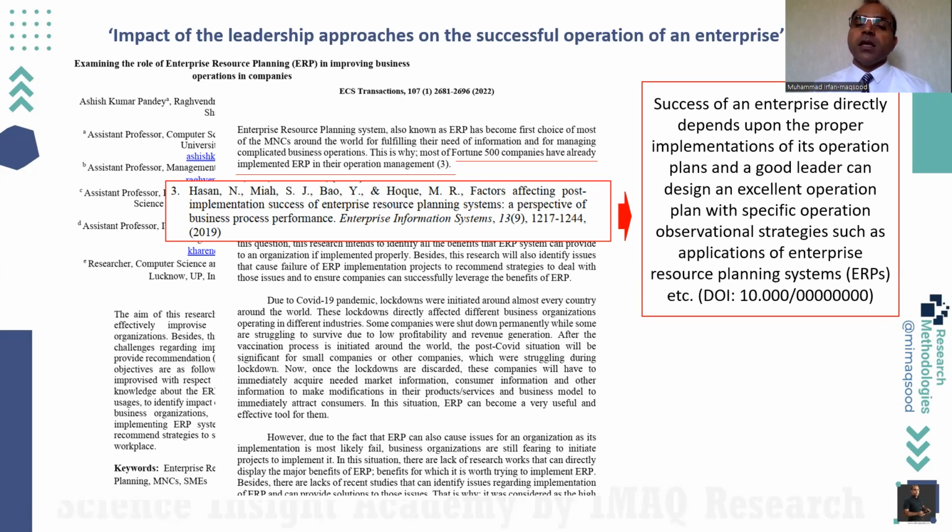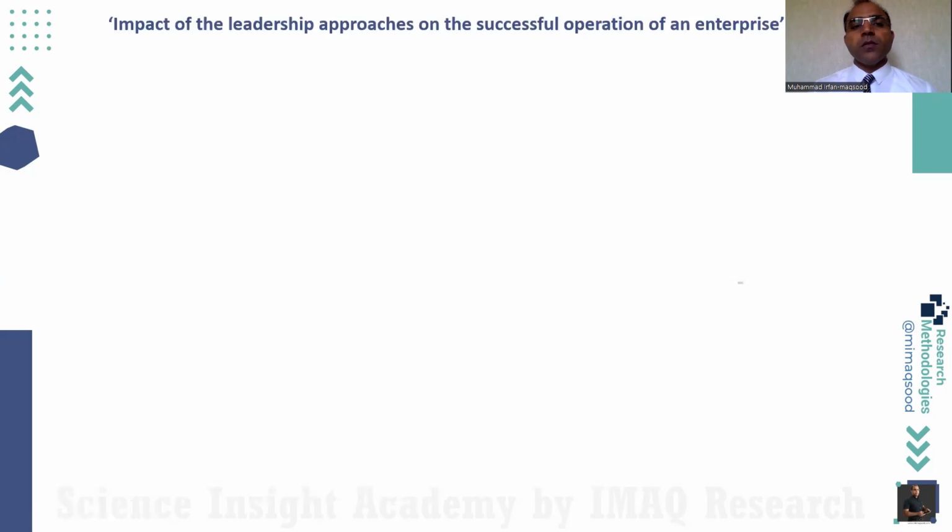And this is not just about the software. Actually, this is talking about a leader, because our topic is the impact of leadership approaches. So it is a leadership approach following a kind of system to monitor regularly that the enterprise is in good operation to create good results.